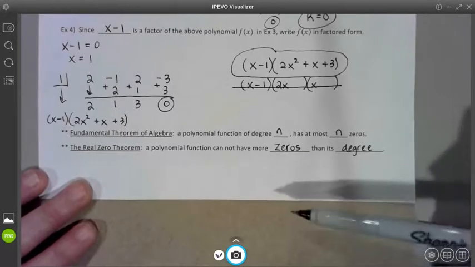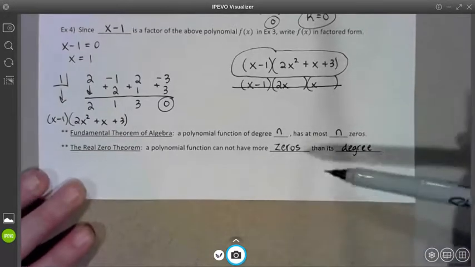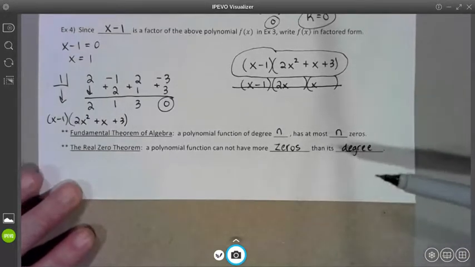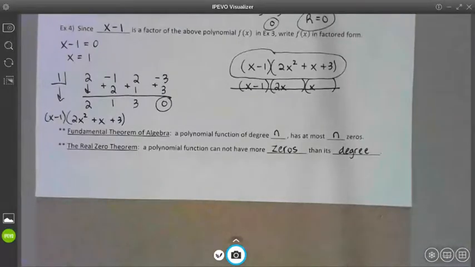But we knew it was only a degree 4. So you can't have more zeros than the degree. Otherwise, you would end up with all of these factors that multiply out to a higher degree than what the original polynomial was. All right, so you'll never have more zeros than the degree of the polynomial itself. Okay. And I always do that. I'm always looking at what the degree is to kind of remind me how many zeros I should have.